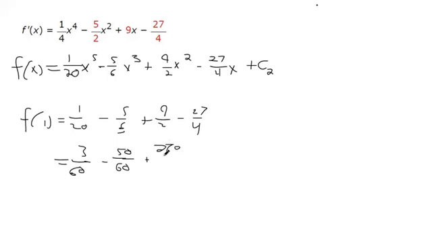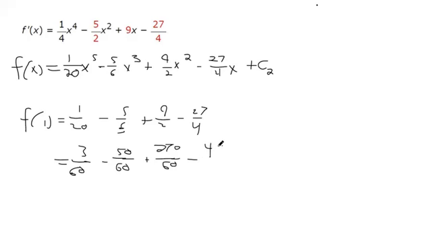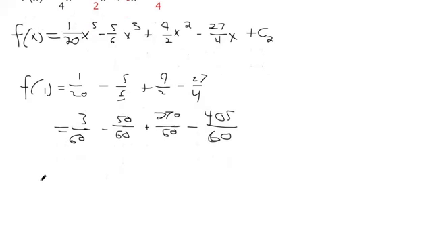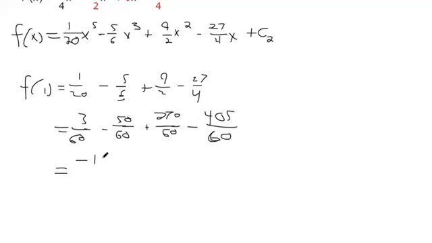It's 270 over 60. And then what do we have to do there? Top and the bottom by 15. So 405 over 60. And then if we add all the numerators, 270 subtracted by 405, subtracted by 50 plus 3, I got negative 182 over 60.